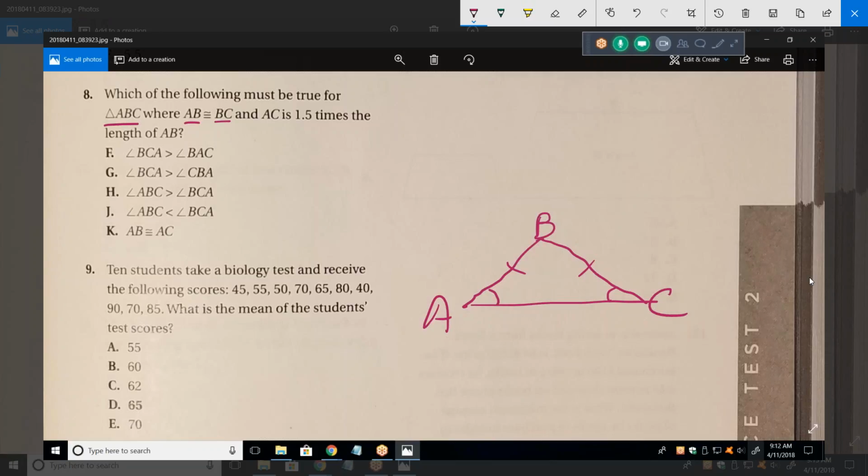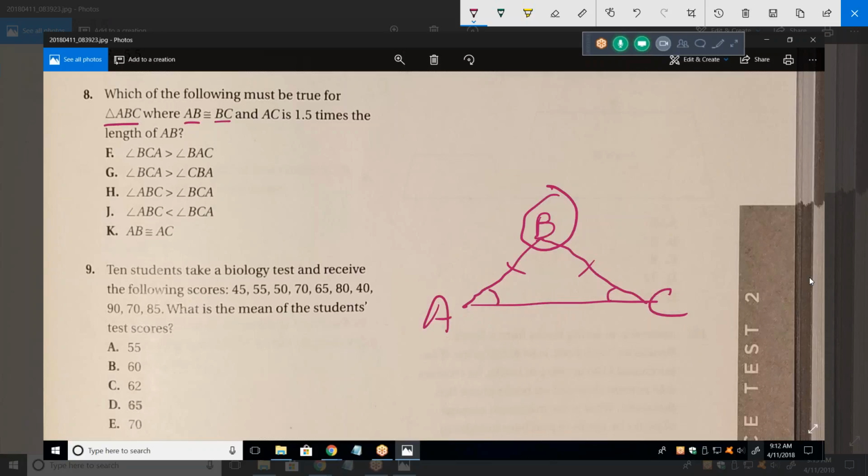Which is the biggest angle in the triangle? B. Yeah, clearly. And the reason is because the biggest angle of any triangle has to be opposite the biggest side. And the smallest angle of any triangle has to be opposite the smallest side. Okay? So let's just examine each of these.